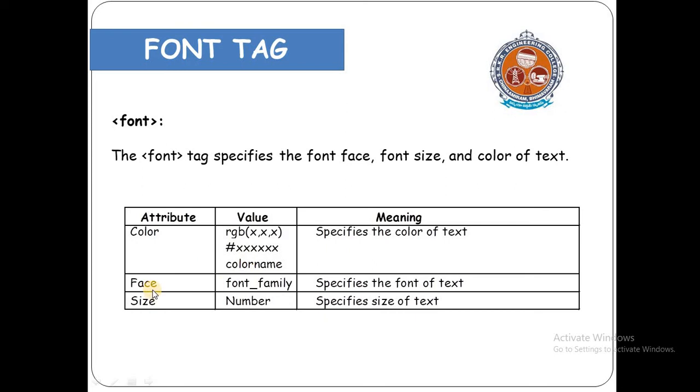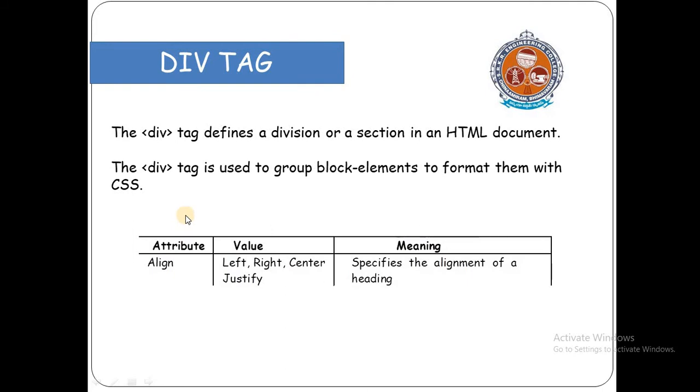If you want to give any font family, like Times New Roman, Comic Sans, Ram, etc., that must be in this face. Face equal to Times New Roman means it changes the font of the text. And size, if you want our text to be some particular size, use this attribute size.